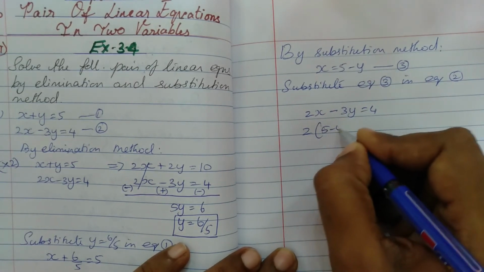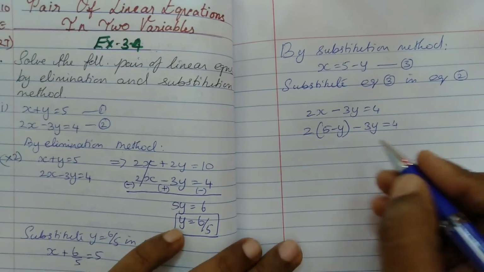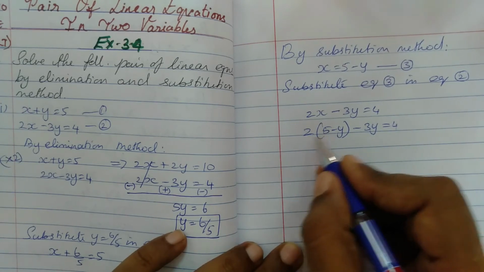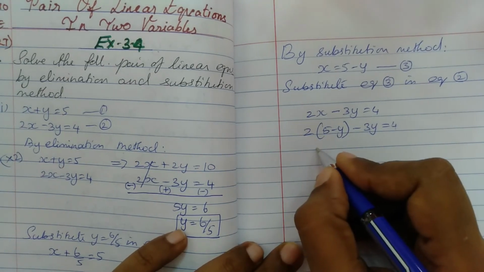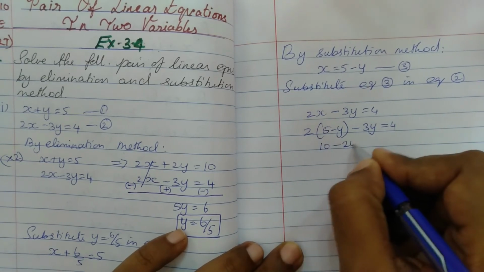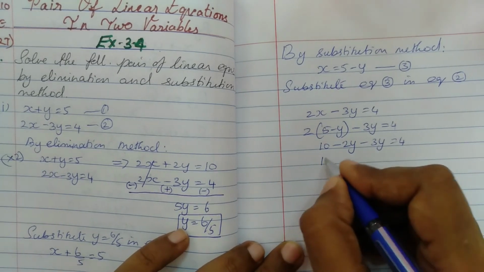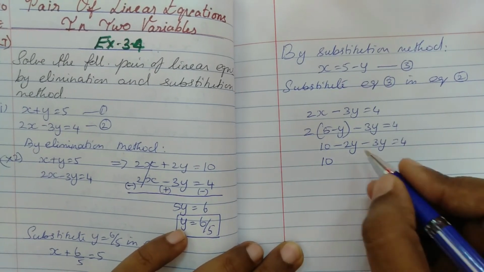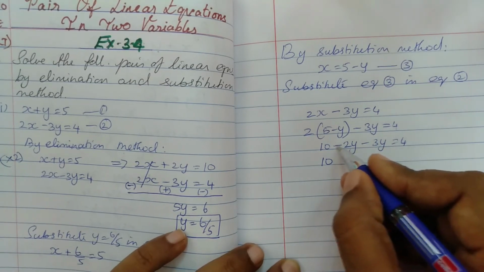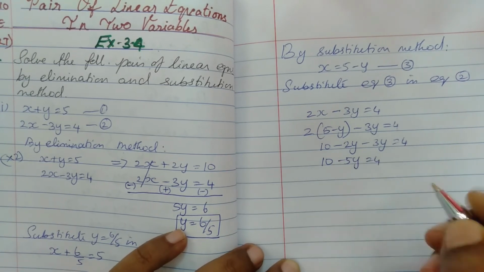So 2 into 5 minus y, minus 3y is equal to 4. Now you will have to multiply 2 by 5 and minus y. So your answer here is 2 5s are 10 minus 2y, then minus 3y is equal to 4. Now again 10 remains there. Minus and minus is plus, so 2 plus 3 is 5y. You take the sign from the greater number, so minus 5y is equal to 4.